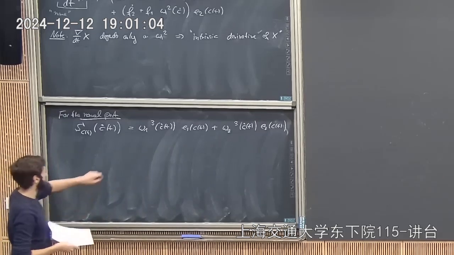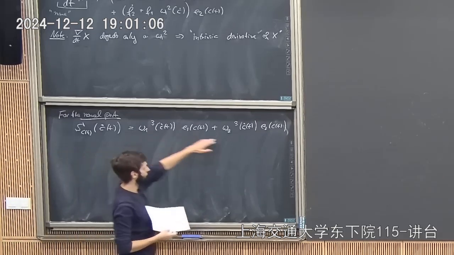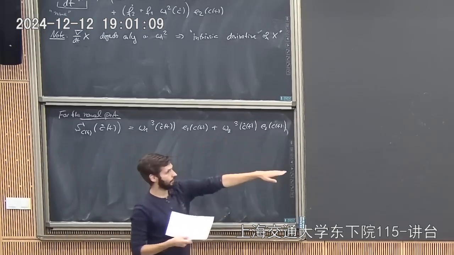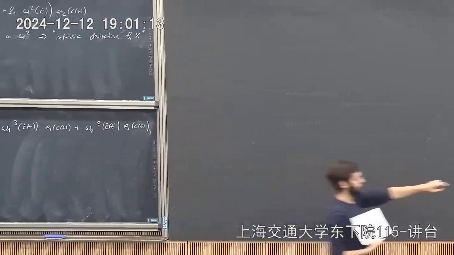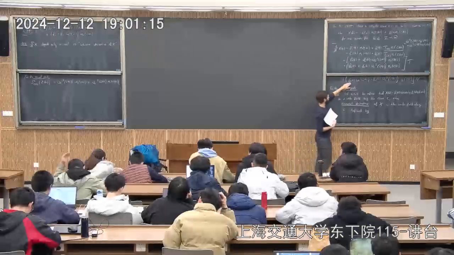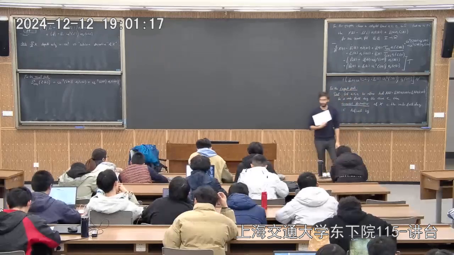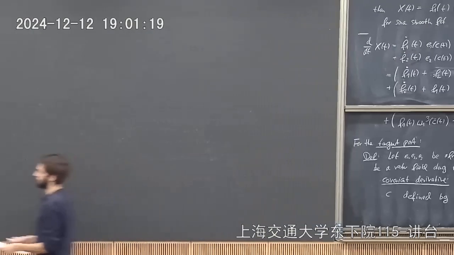That's nice because these are exactly the same kind of expressions as what we saw over there, except that over here we had them decorated by f1 of t and f2 of t instead of E1 and E2.